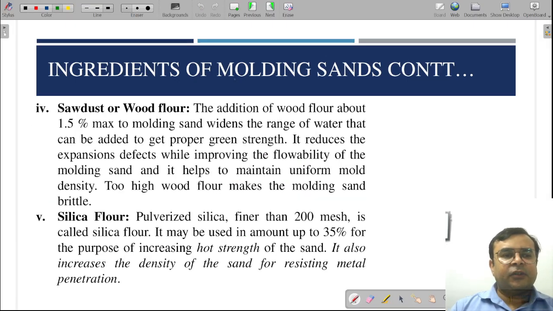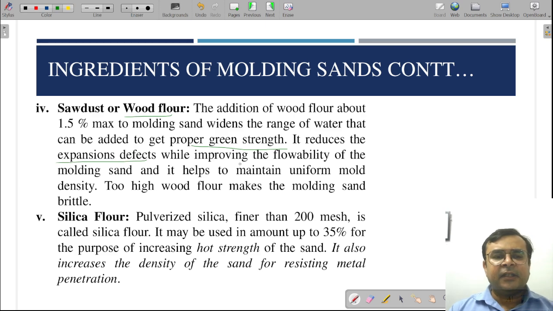Next, sawdust and wood flour. Wood flour, around 1.5%, we add in the molding sand. It also increases the green strength of the molding sand, and it reduces expansion defects while improving the flowability of the molding sand. Sawdust is a byproduct of wood cutting.